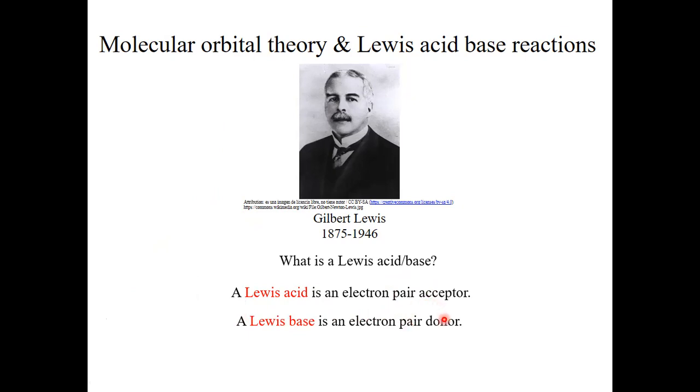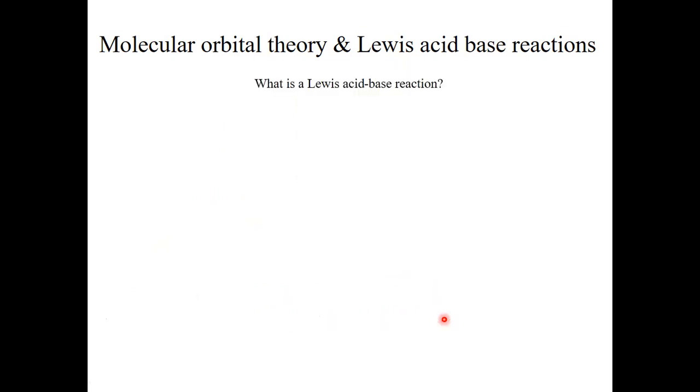Okay, so how can we understand a Lewis acid base reaction? Well, this would be a reaction in which the Lewis base donates an electron pair to the Lewis acid so that a covalent bond would be formed.